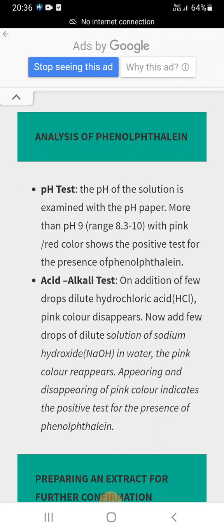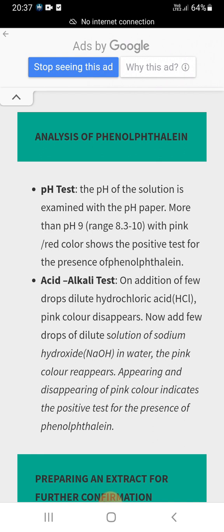Now, analysis of phenolphthalein. We can do the pH test and the acid-alkali test. In the pH test, the pH of phenolphthalein is checked with pH paper. The higher the pH, the more it will attain pink color.